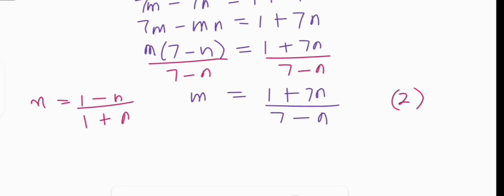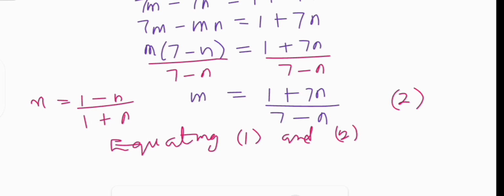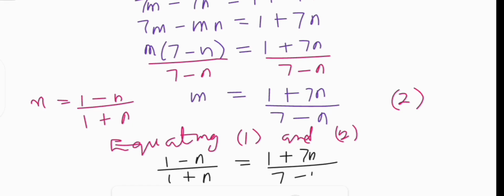So we're going to equate the two equations because they are both the values of M. And that means (1 minus N) over (1 plus N) is equal to (1 plus 7N) over (7 minus N).